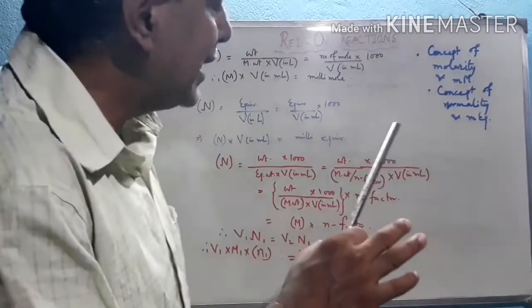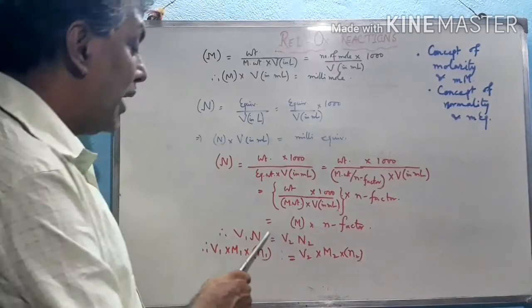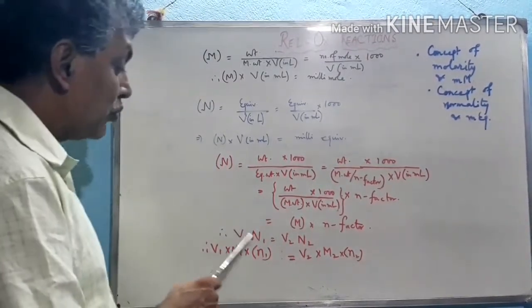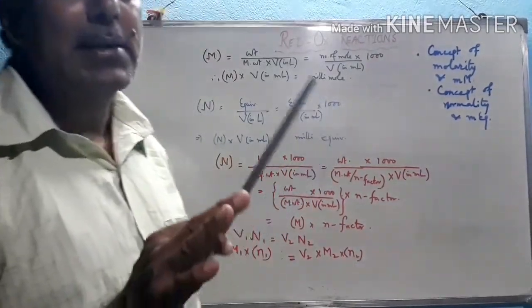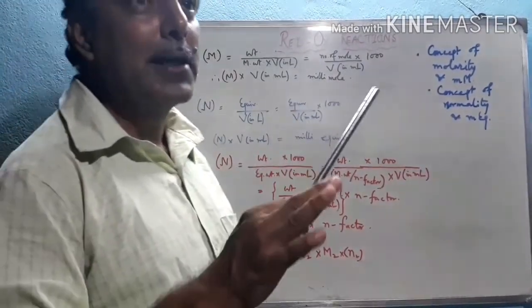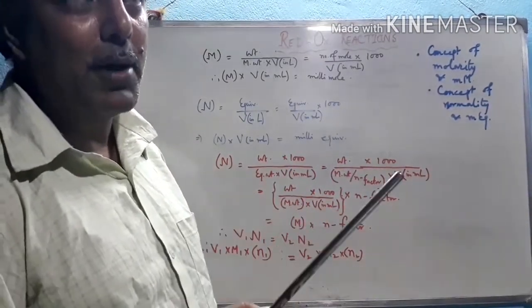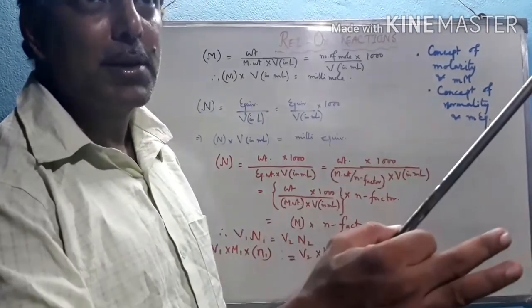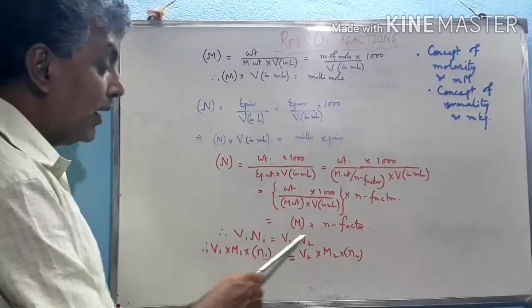All these are redox reactions. In all these cases we have to use normality instead of molarity, because normality is related to the equivalent weight, and equivalent weight expresses the chemical reactivity of a particular substance: whenever it combines with others, how much of the substance goes into the combination. So V1N1 equals V2N2.